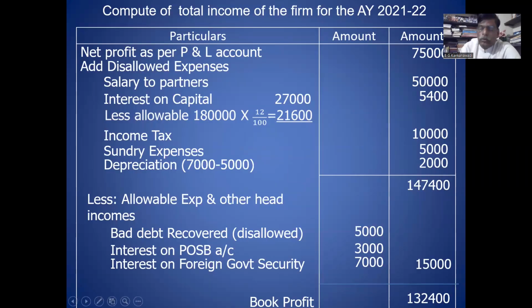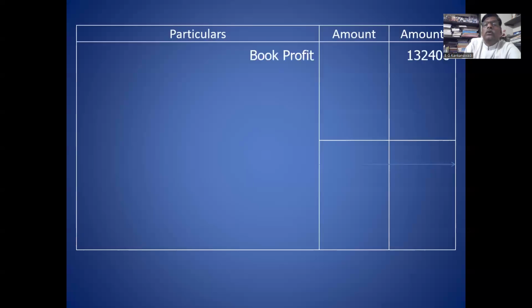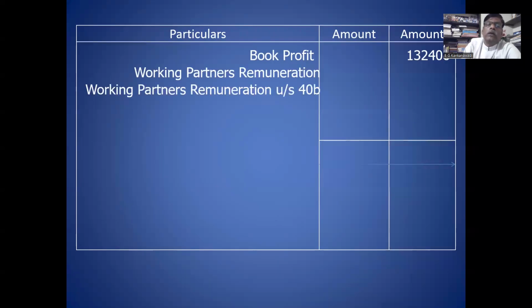Then in this book profit, you deduct the working partner remuneration. You see the procedure. So book profit is 1,32,400 less working partner remuneration. First point, according to 40B, on first 1,32,400, 90% or rupees 1,50,000, whichever is more.